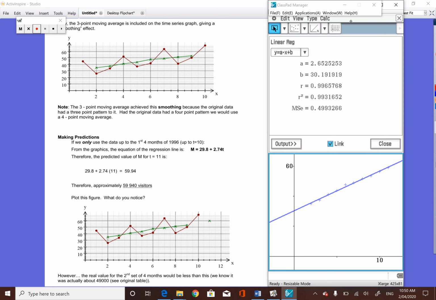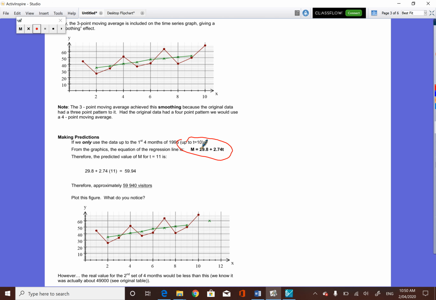So our line will be slightly different to the one that they've got here. So let's write ours in. Ours would look like this. We've got M is equal to 2.65 X plus 30.2.